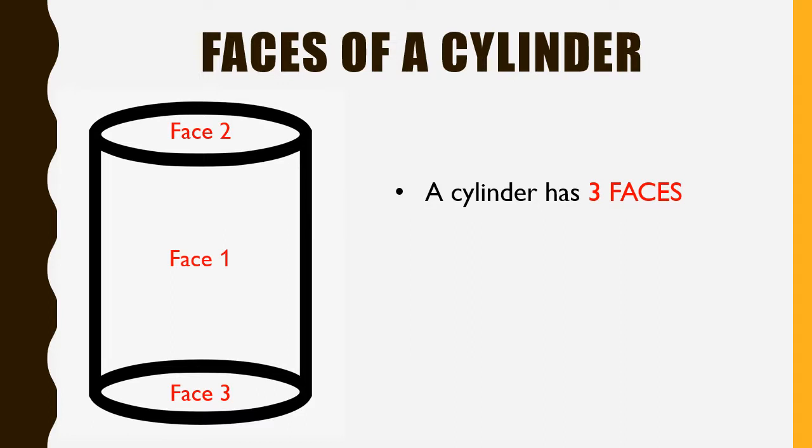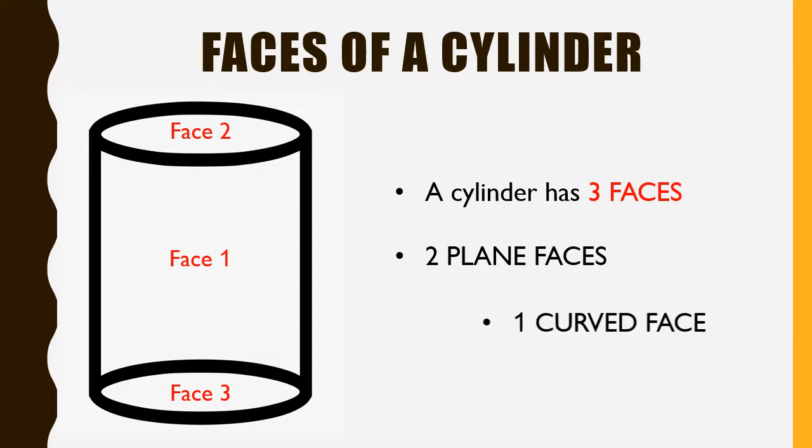Out of these 3 faces, if you see carefully, 2 faces, which is at the top and the other one which is at the bottom, they both are the plane faces, or these are the flat faces. They can be slid very easily. But there is one more face which is in the center, that is the curved face.